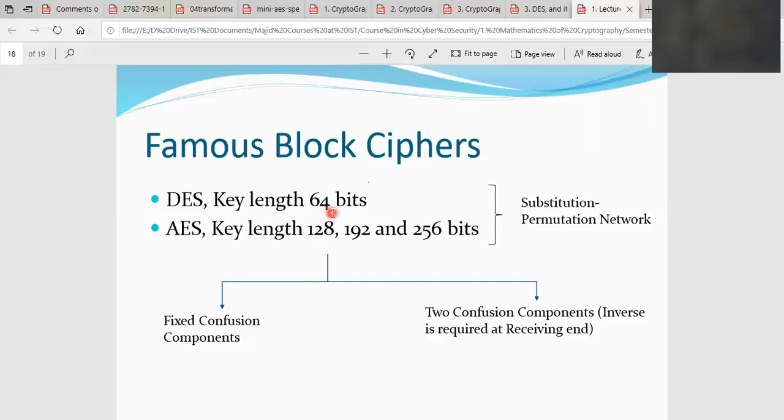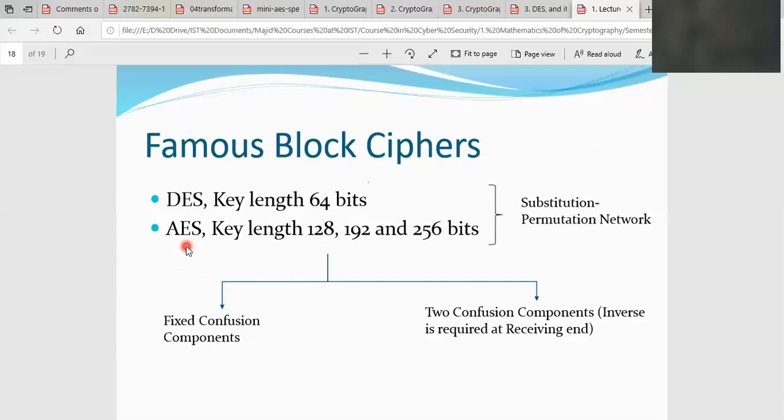To end up with, we started with the Hill cipher and famous block ciphers, because in every block cipher there is a linear component as well as a non-linear component. The linear component is also important, and the non-linear component is also important.